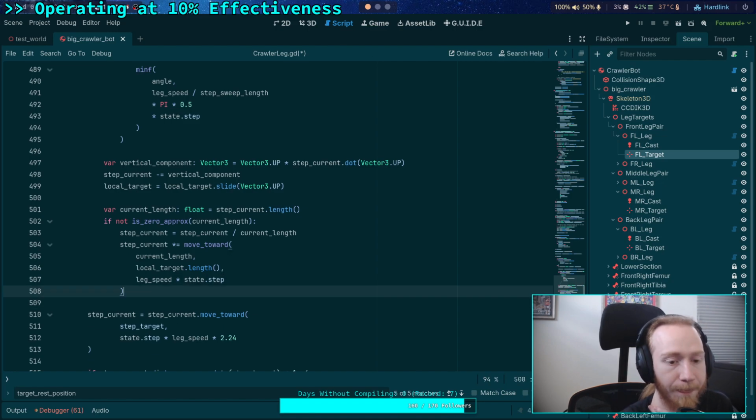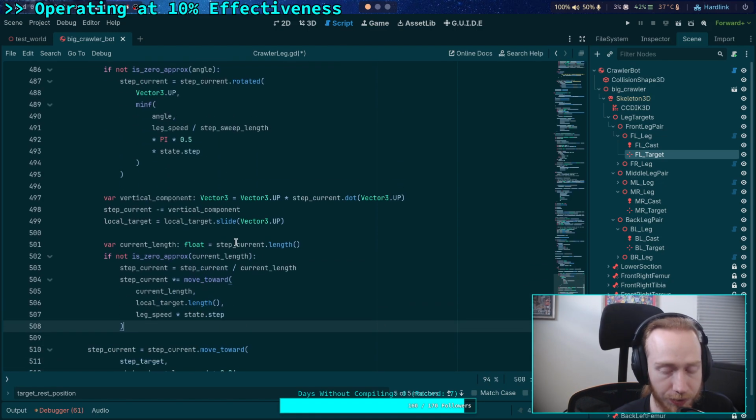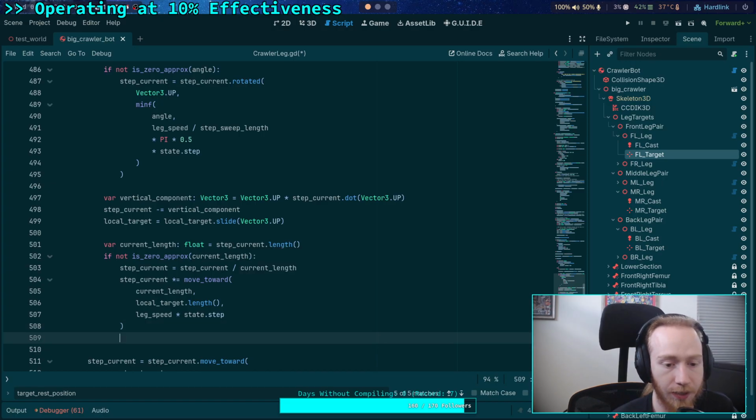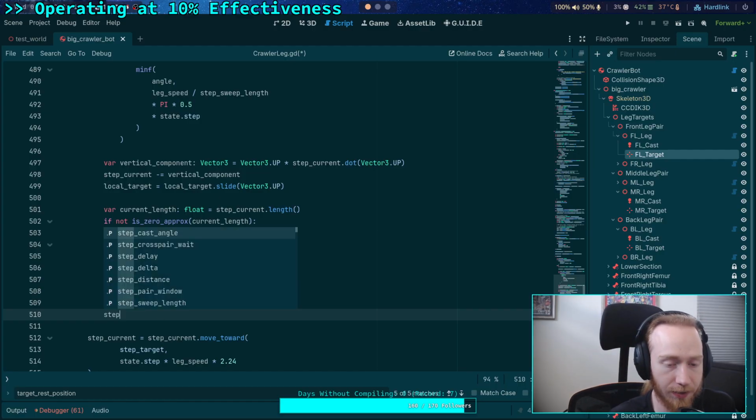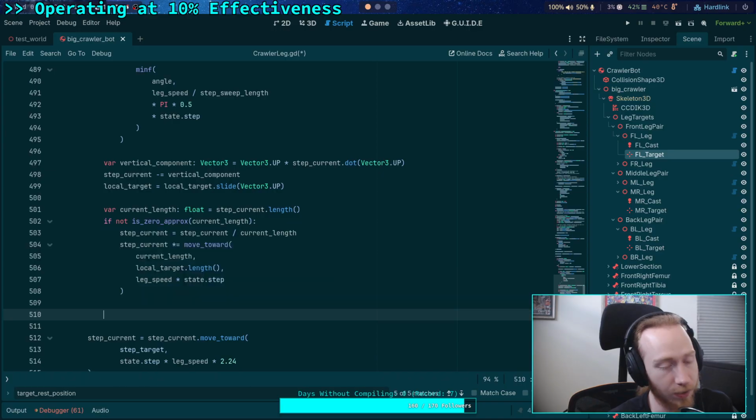Okay. So this covers the rotation and the length. And then I need to add back. Not quite yet.